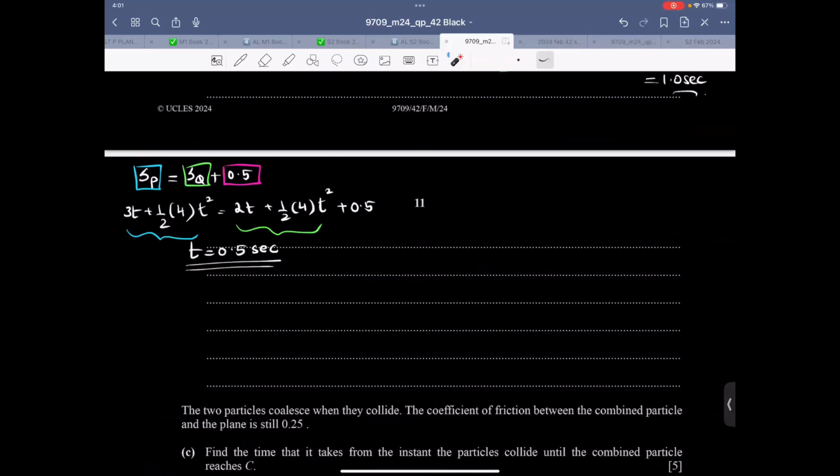Let me use blue marker for P. We need v = u + at. v_P is u, which is 3, a is 4, and t is 0.5. So this comes out to be 5 meters per second. And for v_Q, that is 2 + 4 × 0.5, so this is 2 + 2, which is 4 meters per second.